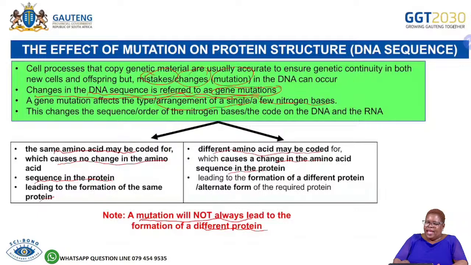They can cause a change in the amino acid sequence in the protein, that will lead to the formation of a different protein. Hence, I'm saying when mutation takes place, it doesn't mean it will always lead to the formation of a different protein, right?